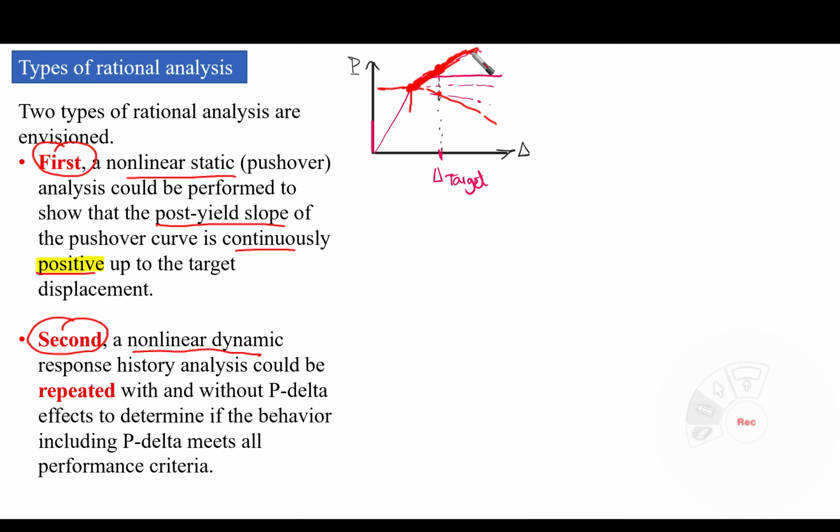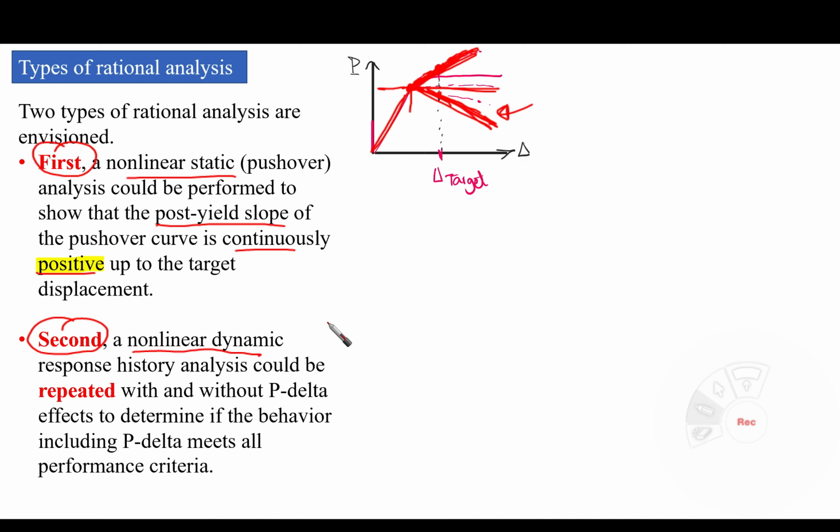Because we have three different levels of post-yield stiffness: strain hardening, elastic perfectly plastic, or softening. So if the pushover curve is experiencing strain hardening, then no problem with this. Our system is okay. But if there is softening, something like this, there is a problem. P-delta is controlling, and we need to increase the member sections and so on and redesign it.